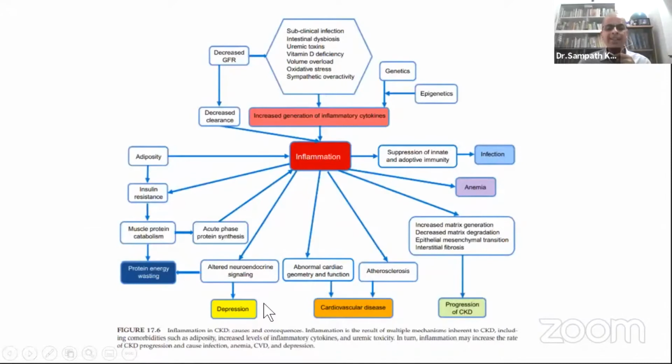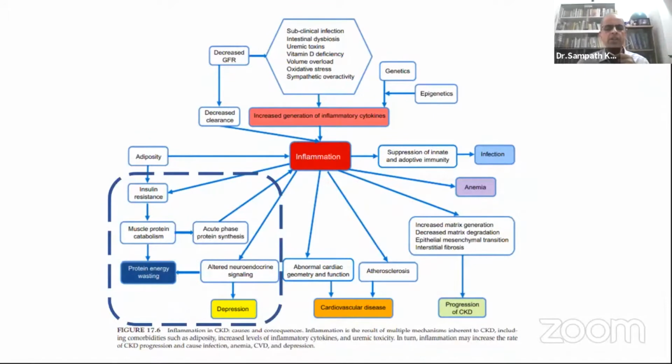So what will be the link between this and muscle protein catabolism? You see that there is insulin resistance, which happens all the time in patients with chronic kidney disease. And insulin resistance is part and parcel of muscle intracellular metabolism.